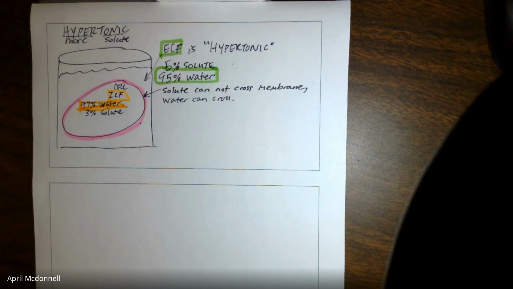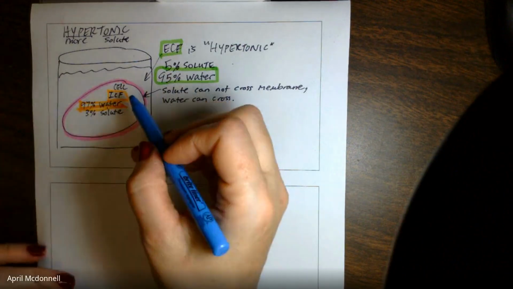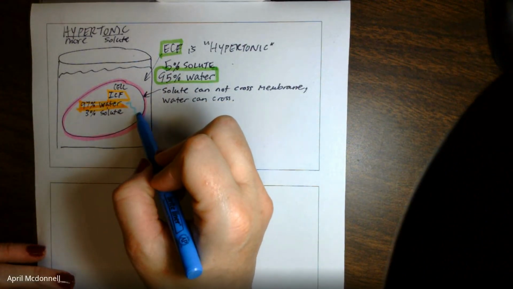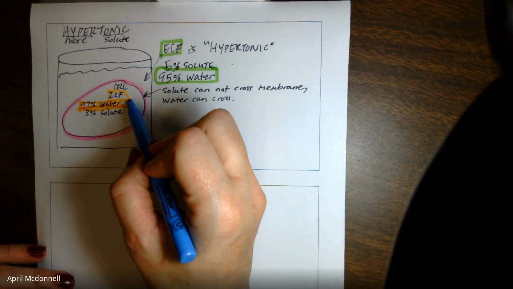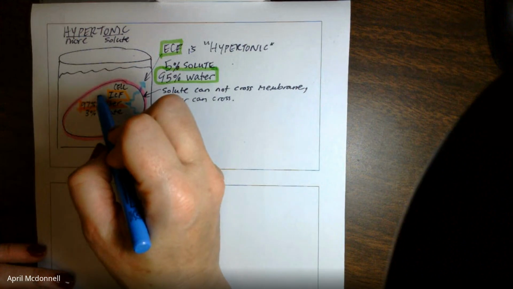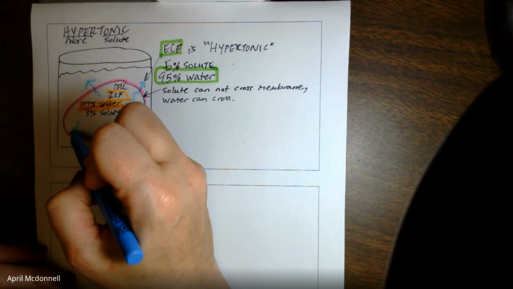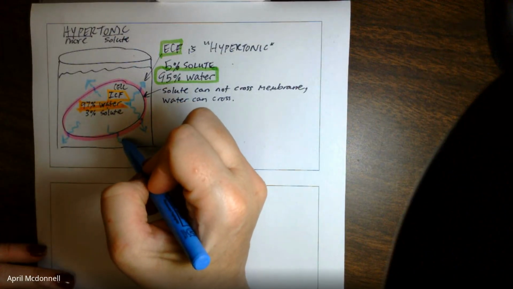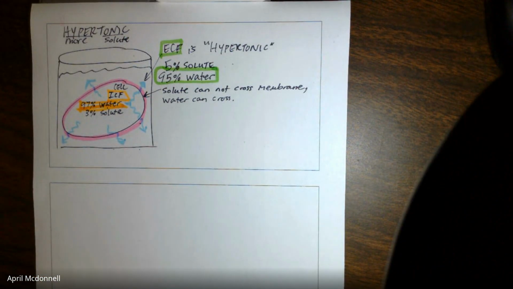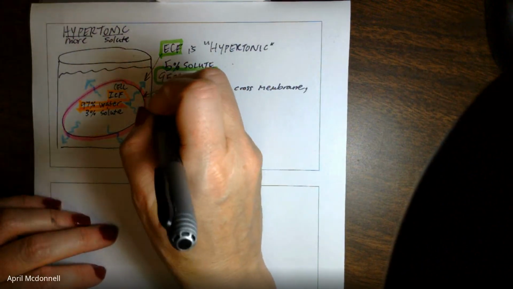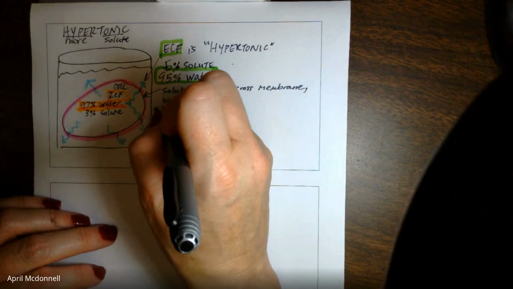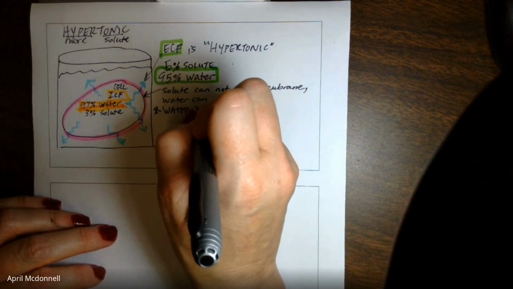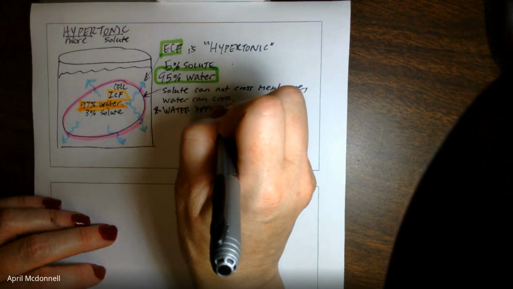So it's going to move from the 97% outside of the cell towards the 95%. So water will diffuse out. So in this case, when cells are exposed to hypertonic solutions, water moves out of the cell. This process is called osmosis.